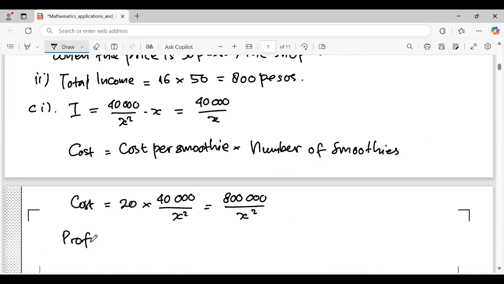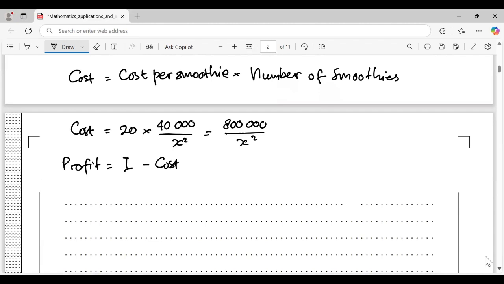Profit equals income minus cost. The income expression is 40,000 over x minus the cost expression, 800,000 over x squared. So this is the equation for profit.